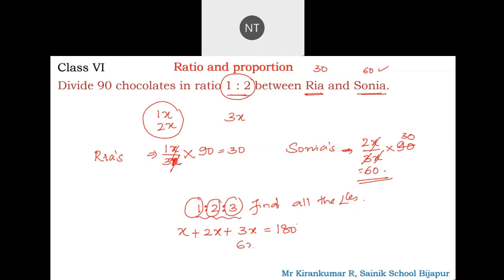Whenever we add, we get 6x equal to 180 degrees. So the value of x is 30. Therefore, the angles are 30 degrees, 2x means 60 degrees, 3x means 90 degrees. It is very simple.